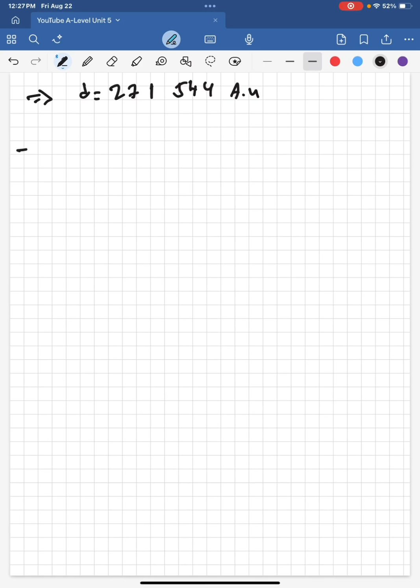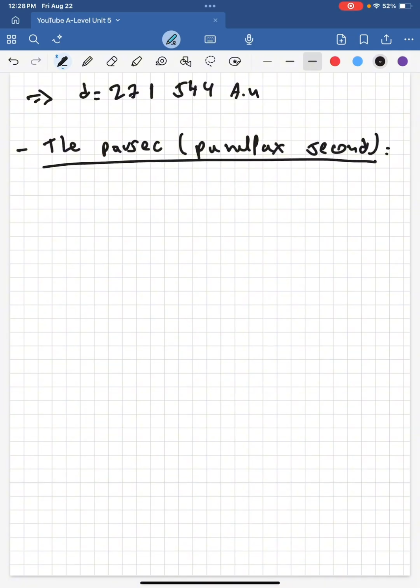Okay, now let's go see another thing that is important. The parsec, which is another unit of distance in the universe, which stands for parallax second, is defined as follows.